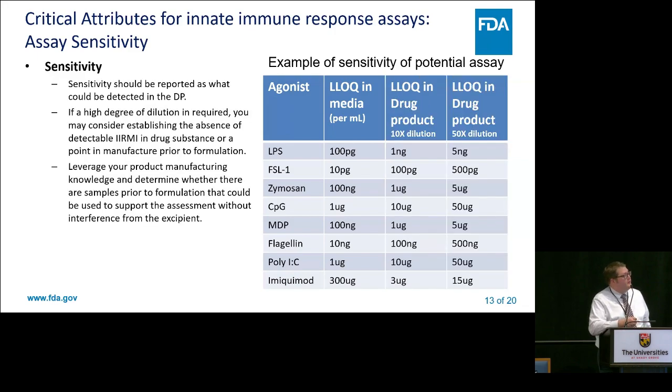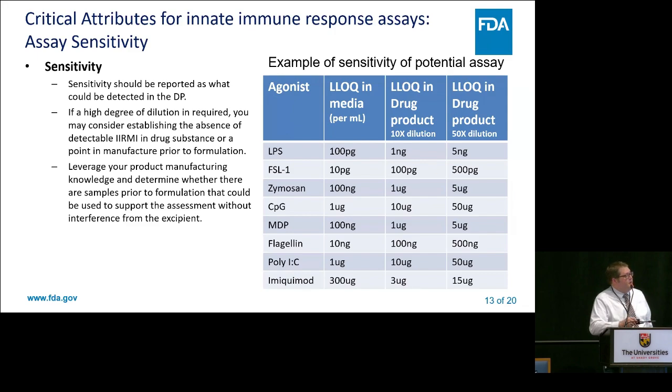But from an agency standpoint, we are interested in your assay being able to detect trace levels of impurities in your drug product. So when you report sensitivity of your assay, it's perfectly acceptable to report it in media spiked. But what we're truly interested in is sensitivity of your assay to be able to detect an impurity in your drug product.